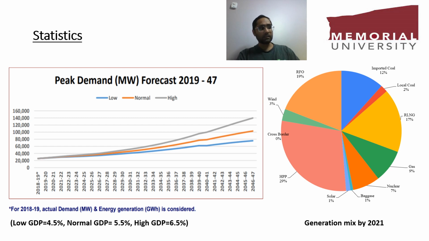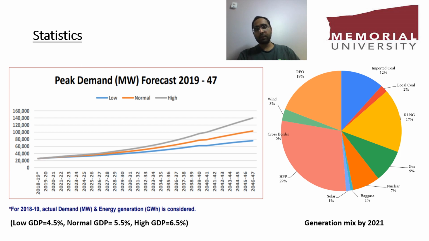They have prepared this indicative generation capacity enhancement plan till 2047. This graph is prepared on three different scenarios. One is with low GDP, which is 4.5%. The other is normal GDP 5.5%, and the third one is high GDP 6.5%.